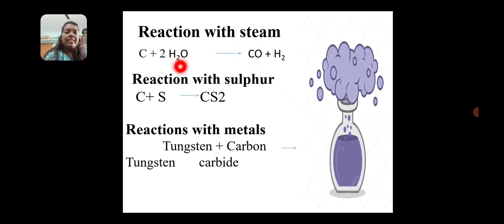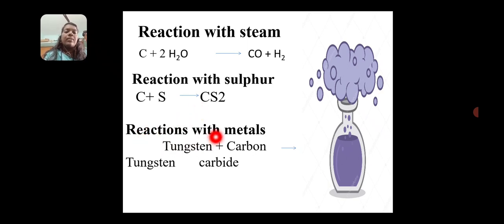At the same time, when carbon reacts with sulfur at a high temperature, it provides carbon disulfide.